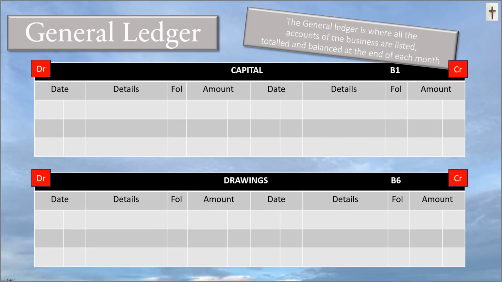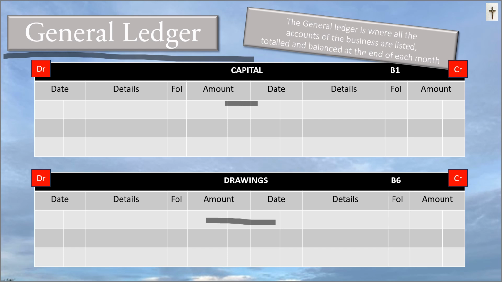And this is an extract from a general ledger, and here I've got a capital account and a drawings account, the owner's two accounts, what the owner puts in and what the owner takes out. But this is what the general ledger looks like.